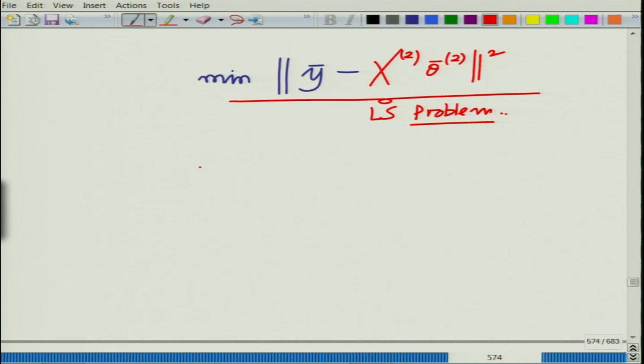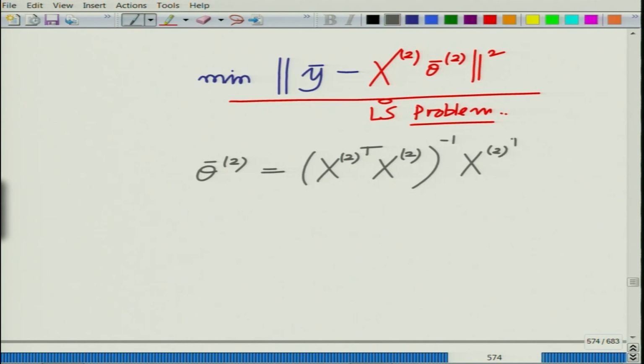The solution is, and this is also something that would serve you well to remember at the top of your head, x2 transpose x2 inverse times x2 transpose times y bar, which now let us substitute.